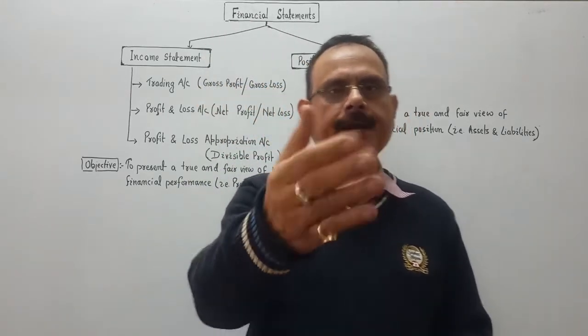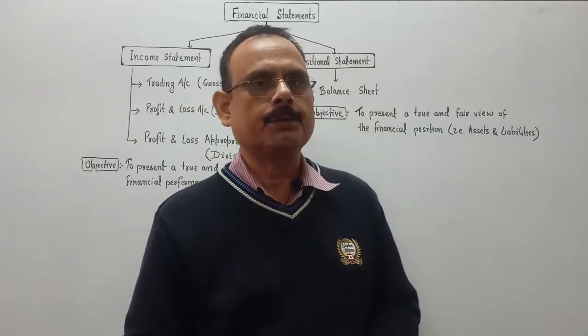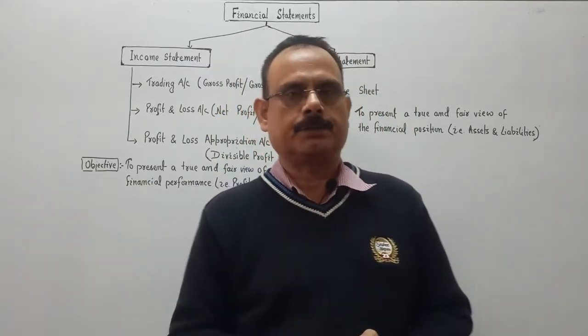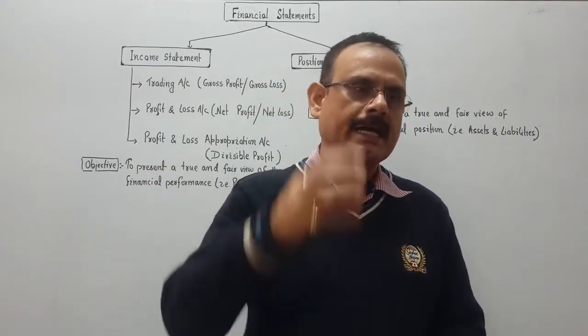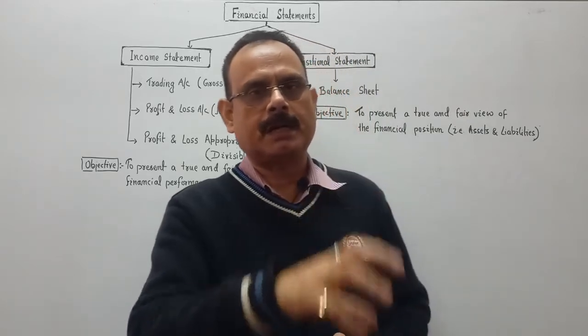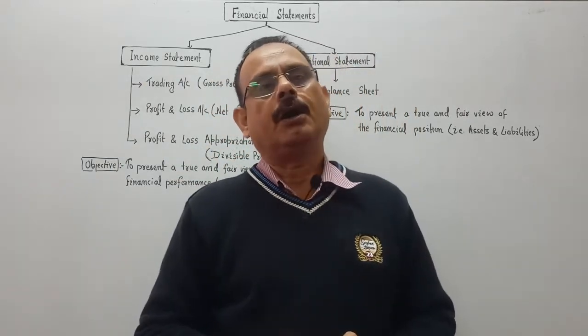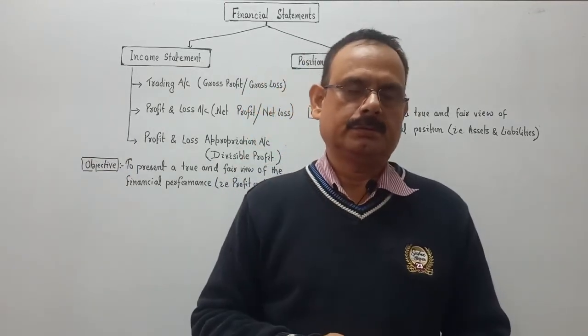And if it is a trading company, they purchase the goods and sell them to the market. They are not involved in the processing or manufacturing of the goods. They are not part of this production process. They directly purchase the finished product from the market and sell it to the ultimate consumers or the middleman. Then we prepare the trading account.